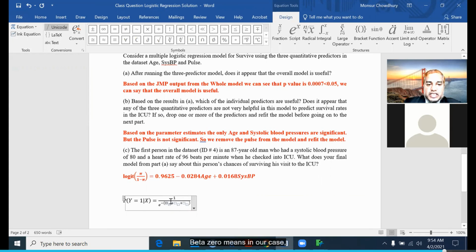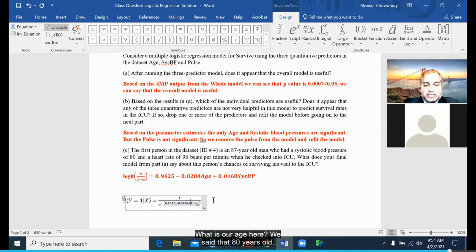So beta 0, in our case, I can just put exactly what I have: 0.9625. Now this one is negative, so we have 0.0284 times age. What is our age here?